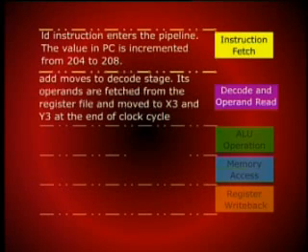The value of PC is incremented again by 4, from 204 to 208. Add moves to the decode stage. Its operands are fetched from the register file and moved to the input of the multiplexer as X3 and Y3 at the end of the clock cycle.